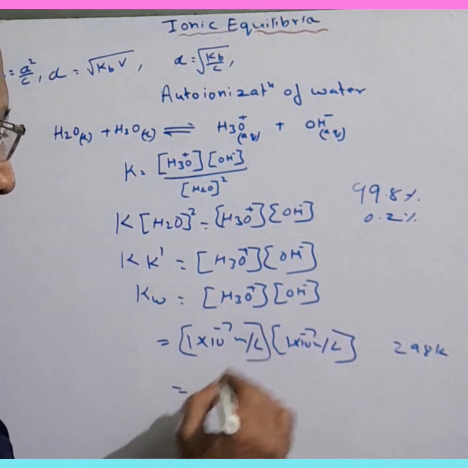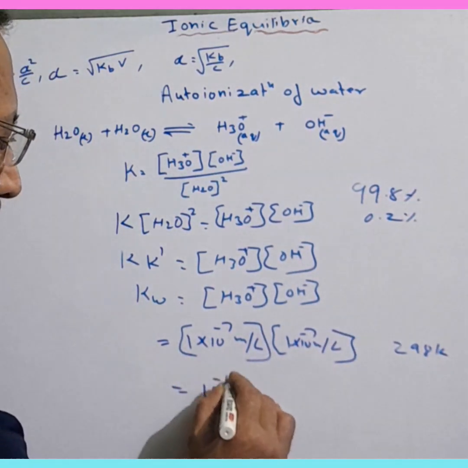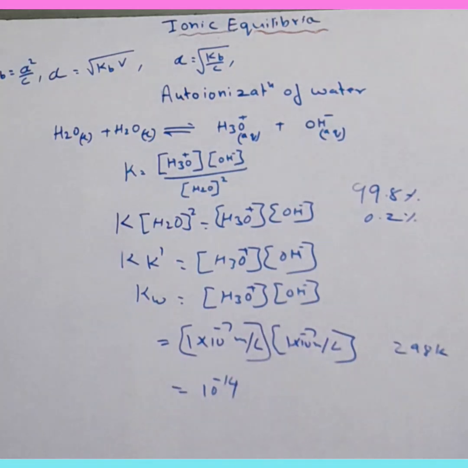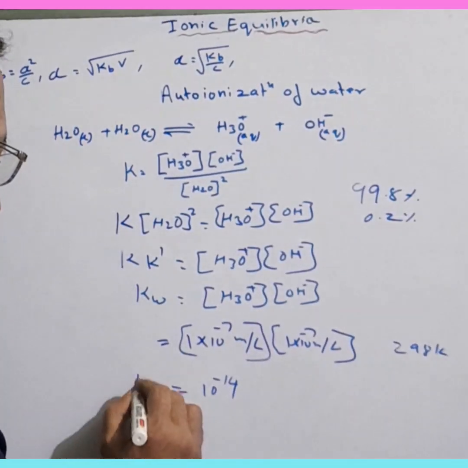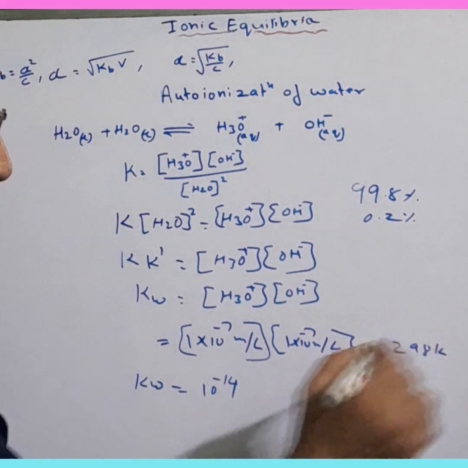So when you multiply, this becomes 10 raised to minus 14. So that is what is Kw at 298 K.